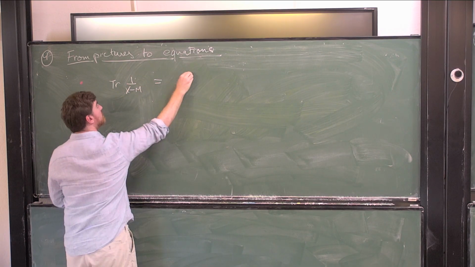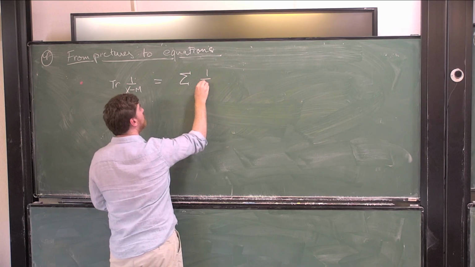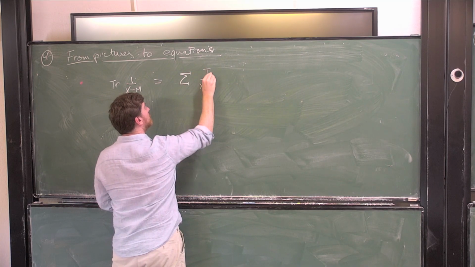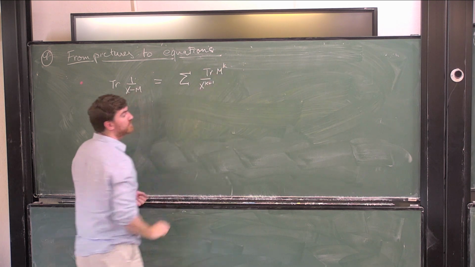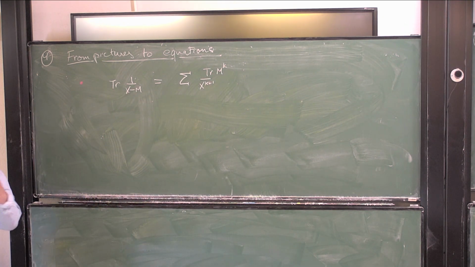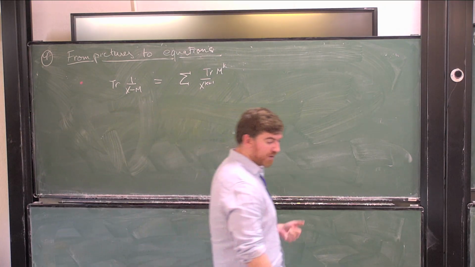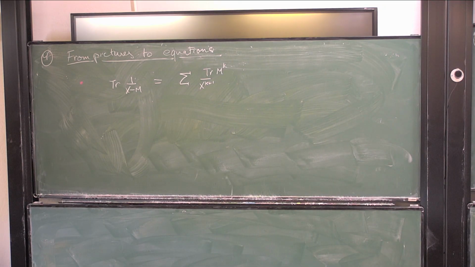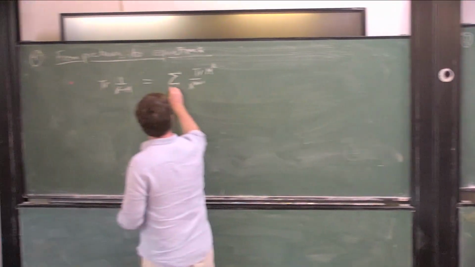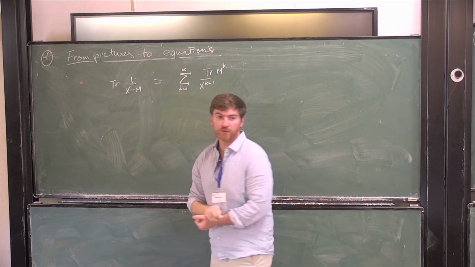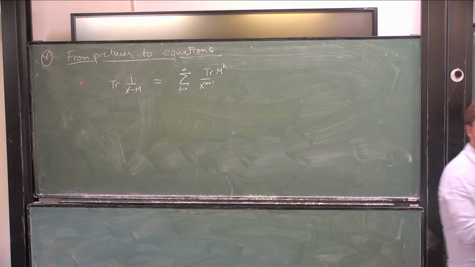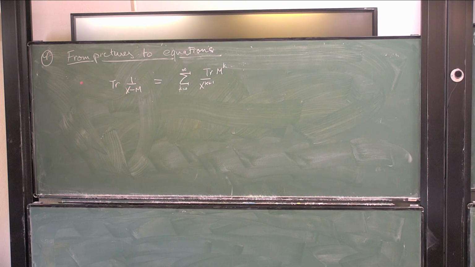This was a power series in 1 over x to the k plus 1, times trace M to the k. So if I wanted to extract a particular trace M to the k, what sort of operation could I do? I want to extract one particular term in this sum. A residue.